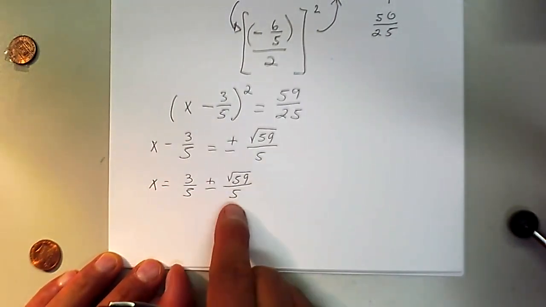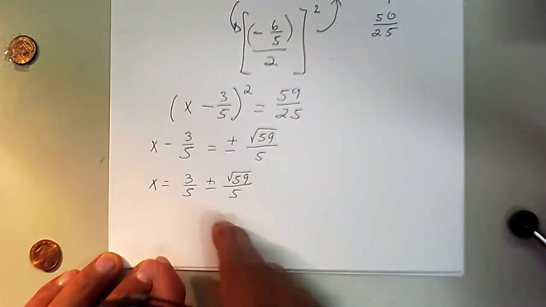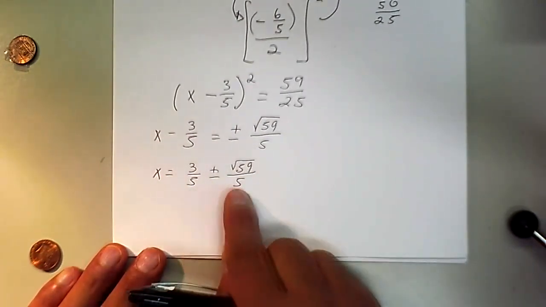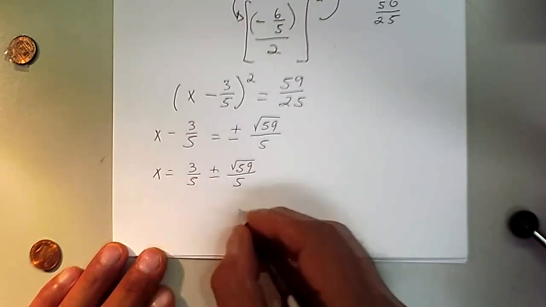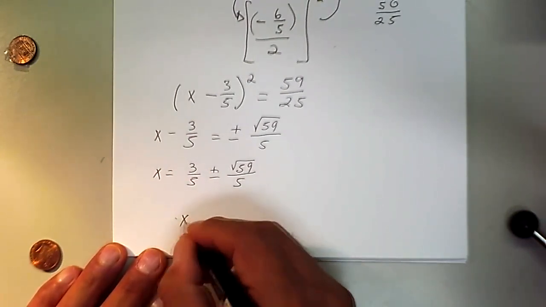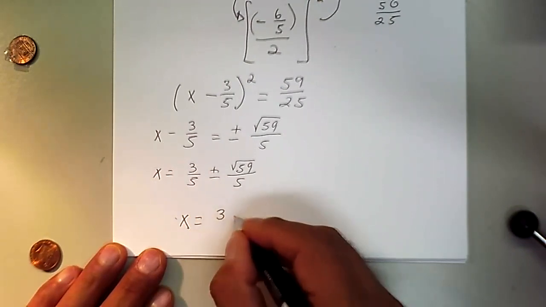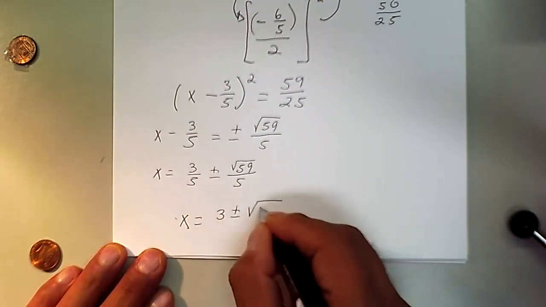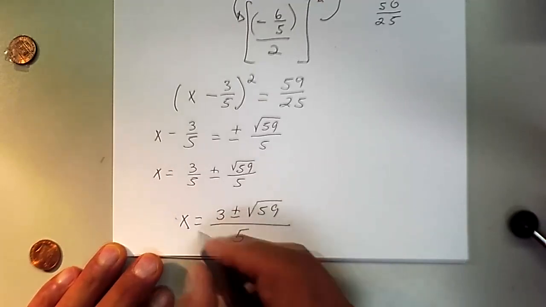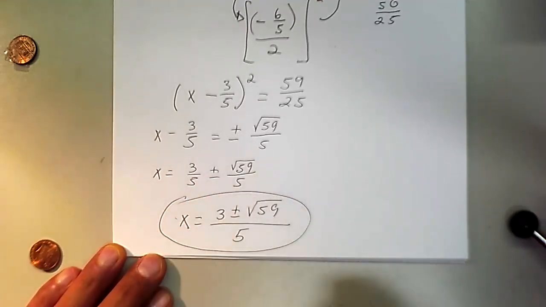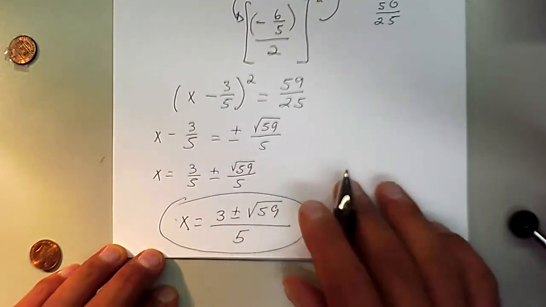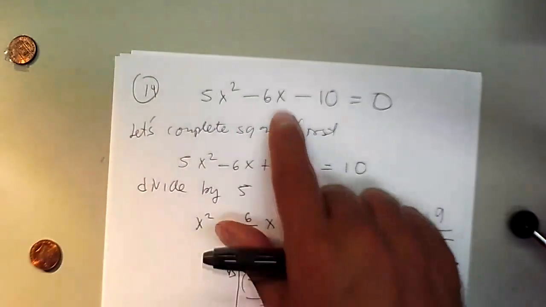Since we have the same denominator, we may just as well put them together as a single fraction. There's no point of having two 5s in this case. So x equals 3 plus or minus the square root of 59, all of that over 5. So there is our solution, our two solutions for this quadratic equation.